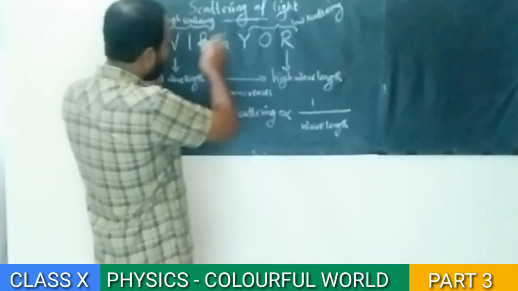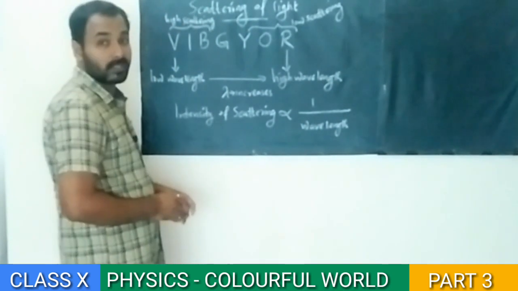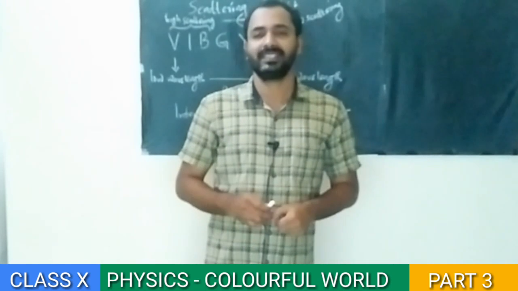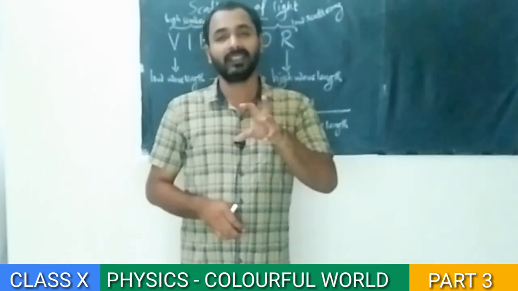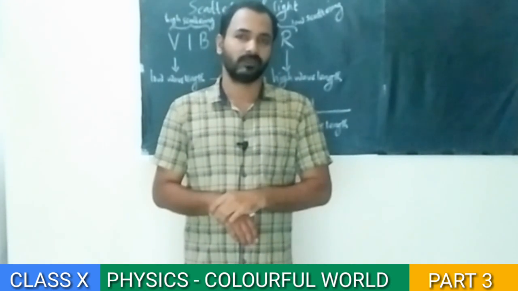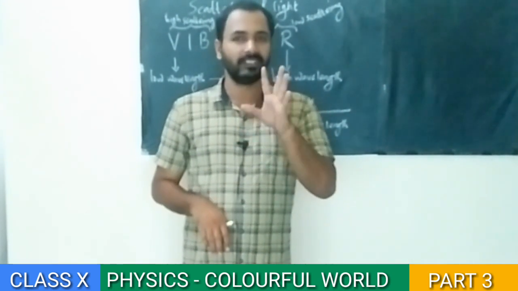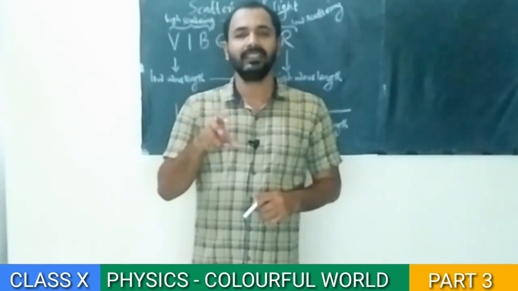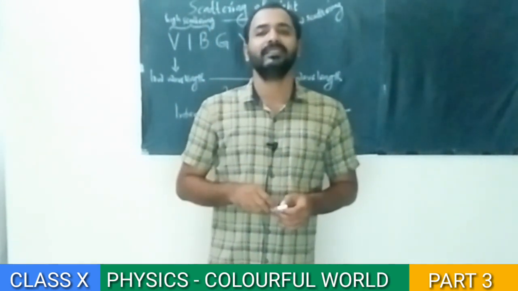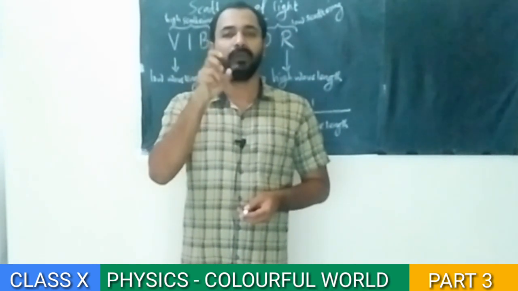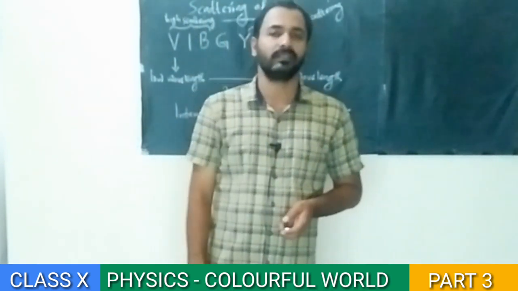Using this information, we can explain the blue color of the sky and the red color of the sun at sunset and sunrise. So scattering of light depends on wavelength first. Second, scattering of light depends on the size of the particles in the atmosphere.